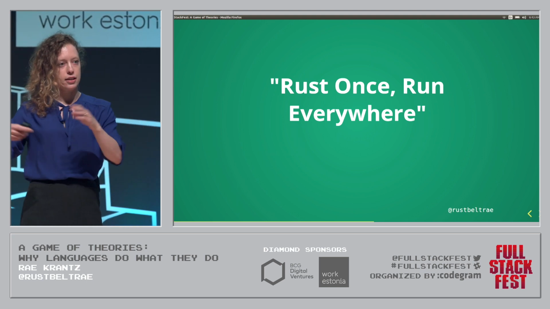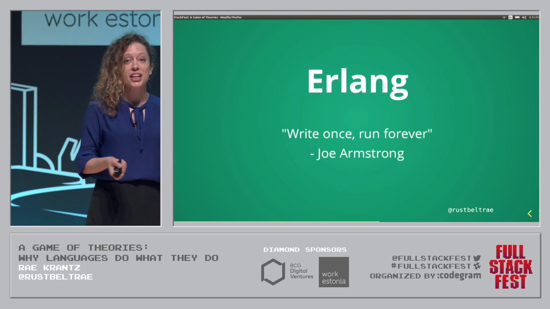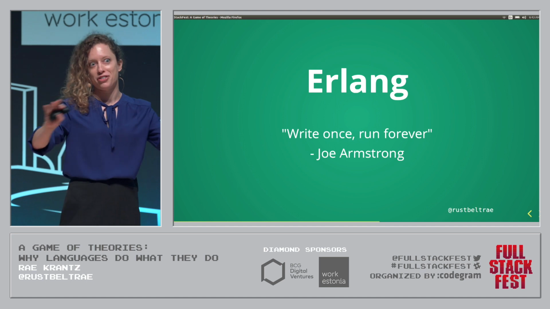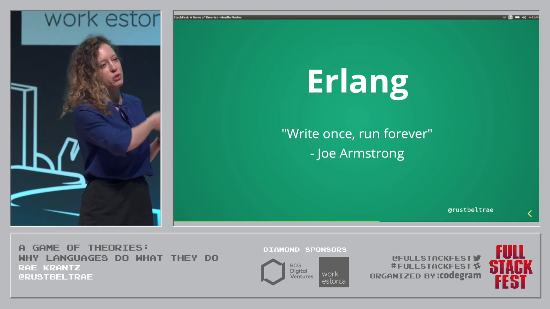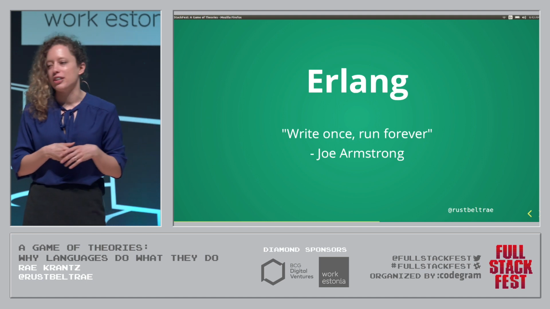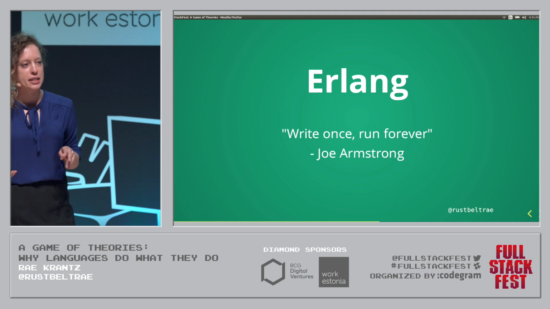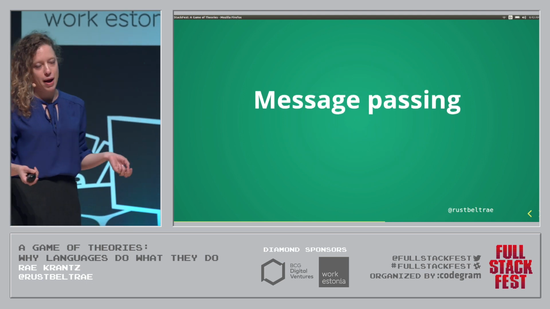Another concurrent language that also plays on the Java saying is Erlang. Erlang's thing is write once, run forever, never die. Joe Armstrong is, of course, one of the lead developers that created Erlang. We'll spend just a couple of slides here, but I wanted to point out how they handle that locking problem, and that is through message passing.